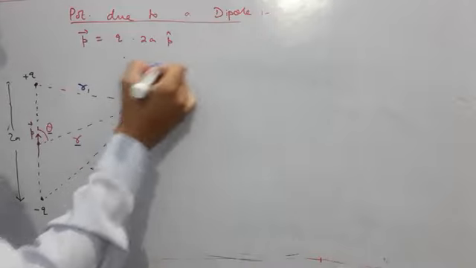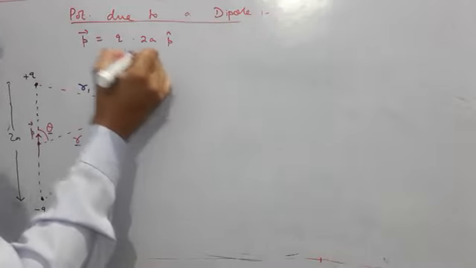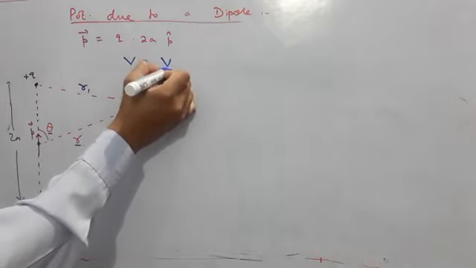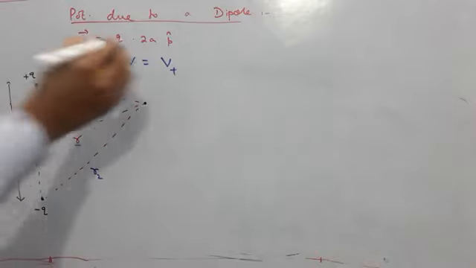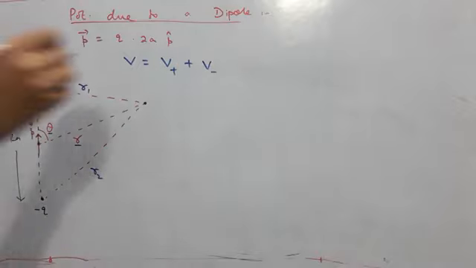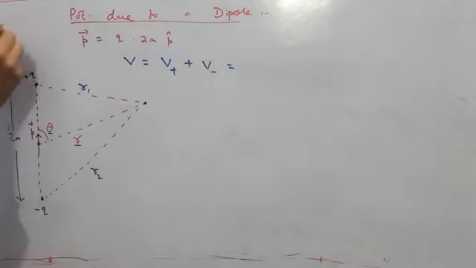Now potential at this point V, from the principle of superposition, will be the potential due to the positive charge, which I write as V plus, plus potential due to the negative charge, which I write as V minus. Now the potential formula is 1 by 4 pi epsilon naught into q by r.